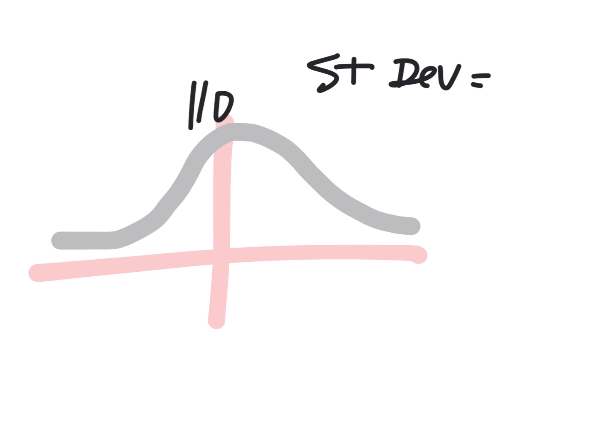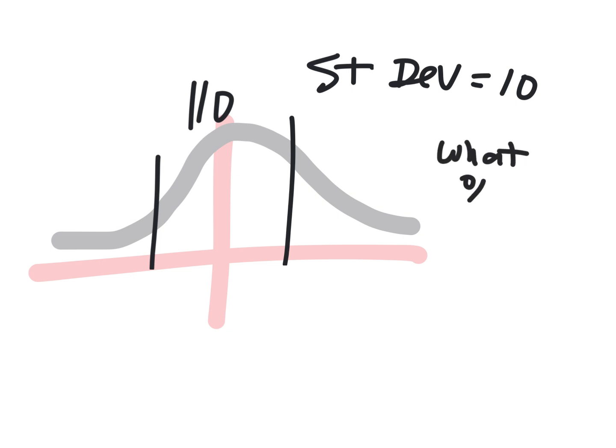I have 1 hour where I have a lot of super smart kids in there. So let's say the standard deviation is 10. Would you be able to tell me what percent of kids are at 100 or less?